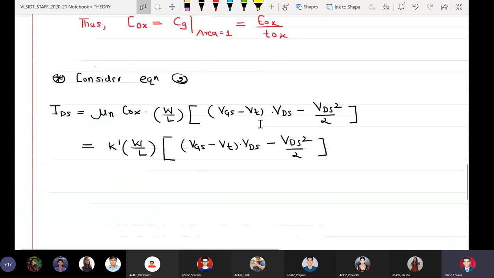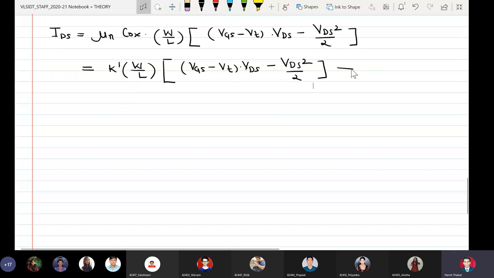This will be equation number 6, where K dash is equal to mu n into Cox.